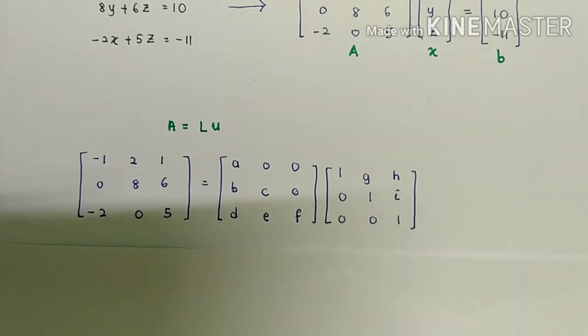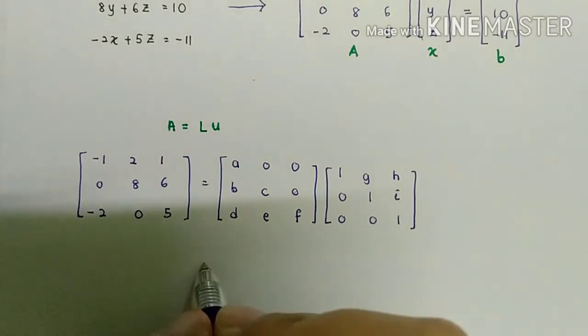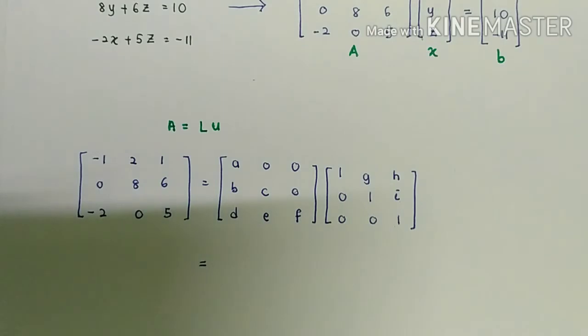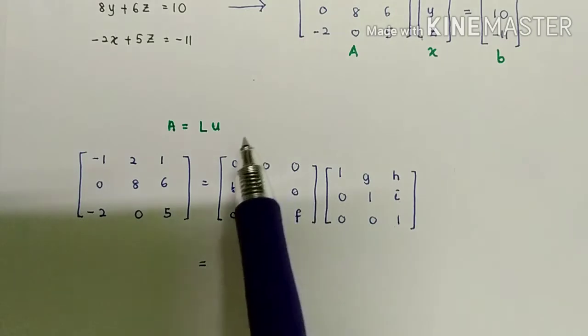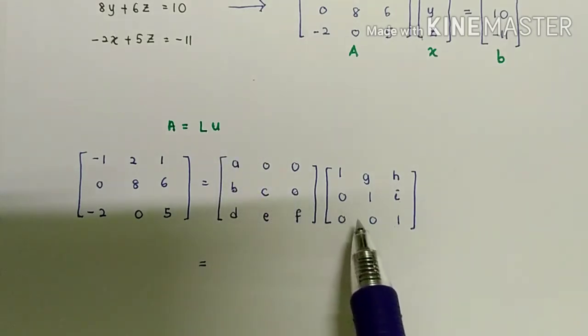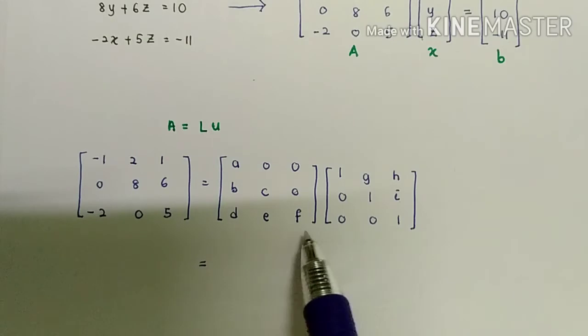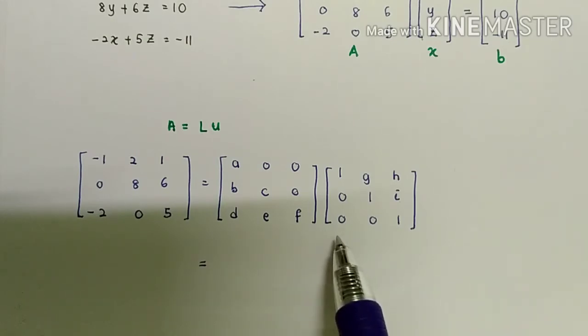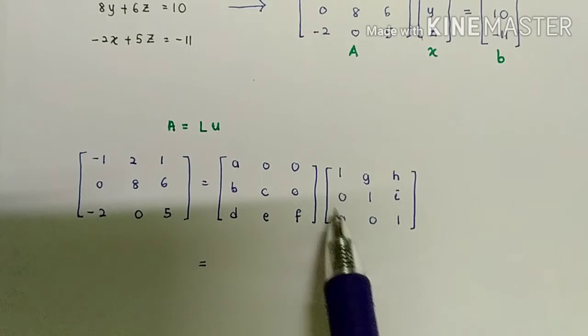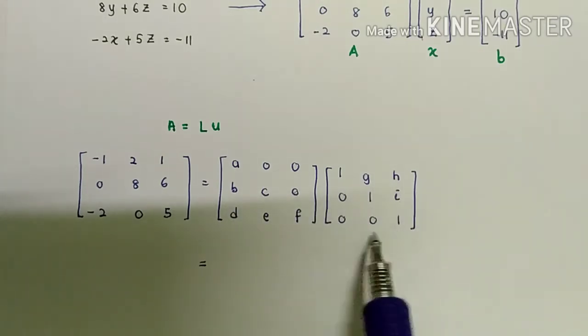So we must find the multiplication of matrix L and U. For further explanation about multiplication of matrices, you can refer to my previous video on the Doolittle method, on how to multiply matrix L and matrix U. The concept is the same.